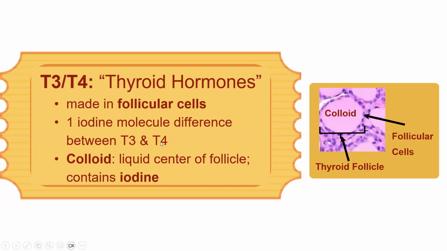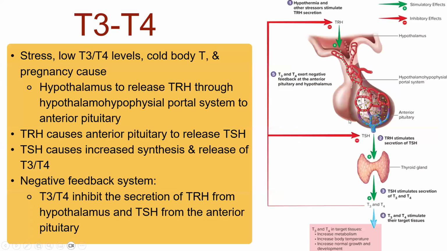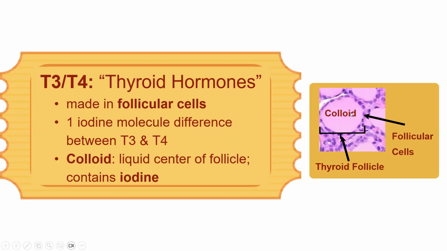Iodine is part of the makeup of T3 and T4, but for the most part, they act in the same way. So remember, we call this intersection the follicle. And so the colloid is the liquid center of the follicle, and that's what actually contains the iodine, which is partly why it stains that color.